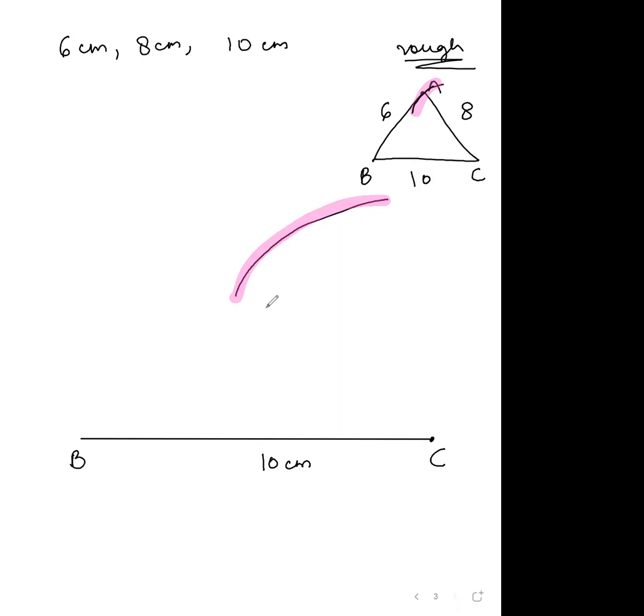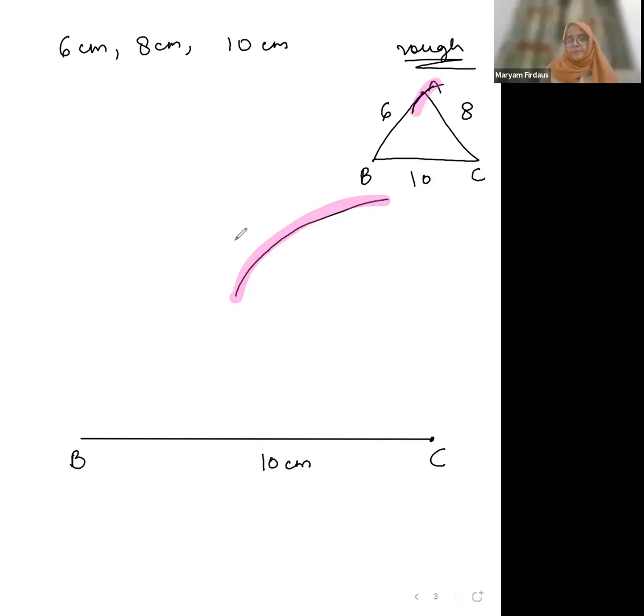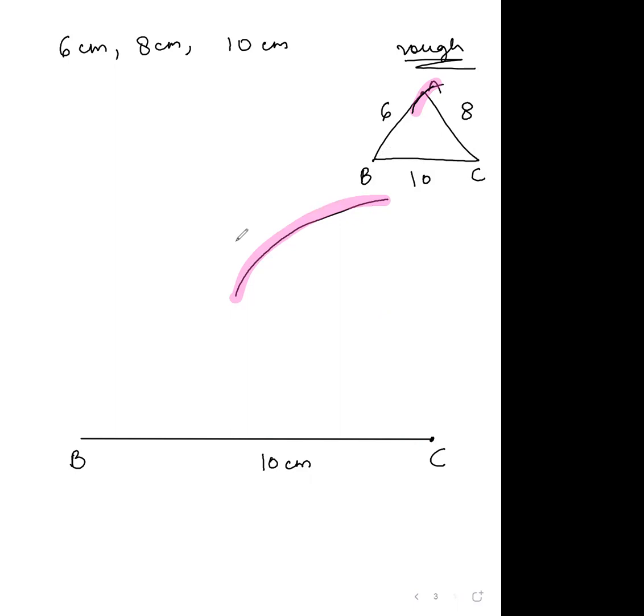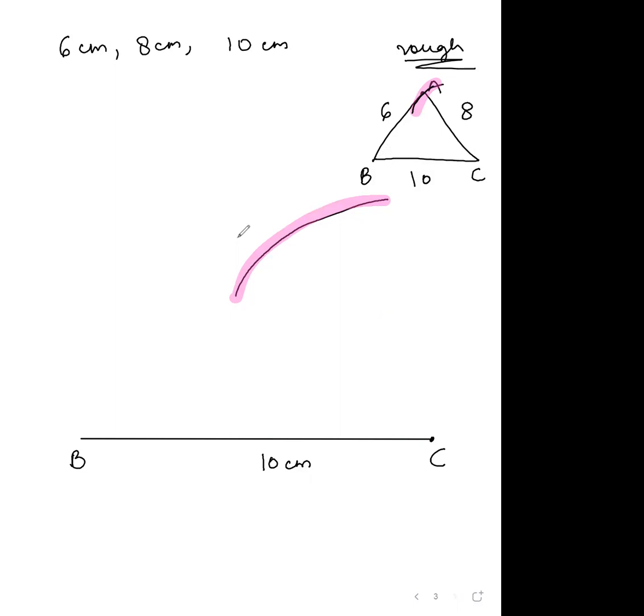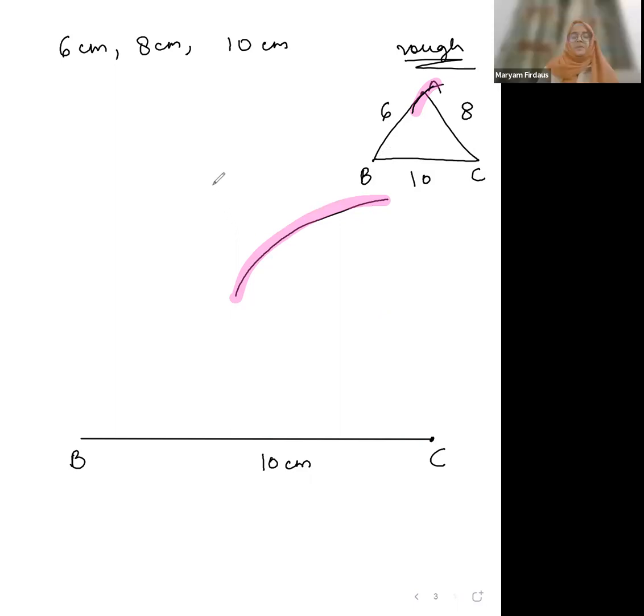Yeah. Now the next step. Take a measure of 6 centimeters and draw an arc, and we have to intersect with the previous arc. See, Hiba, when you say we have to make an arc, you have to be very specific. Let's say you were giving instructions to your fellow classmate.